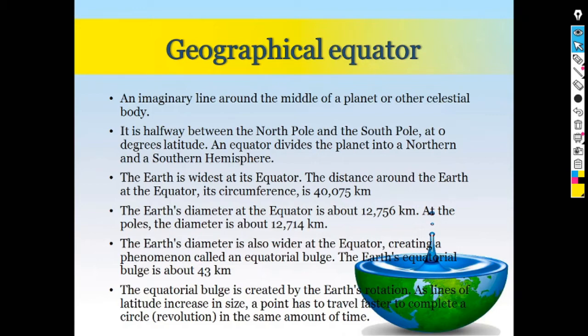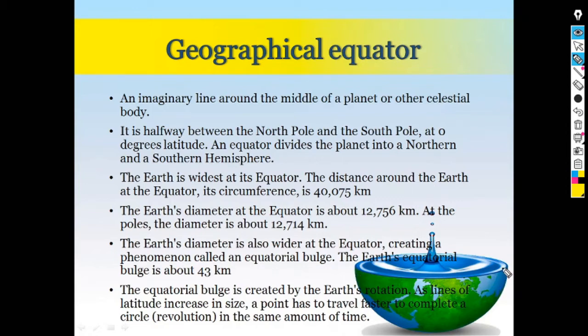At the poles, the diameter is about 12,714 kilometers. So you can see this very well, the difference in diameter at the equator and at the pole. Earth's diameter is wider at the equator, creating a phenomenon called the equatorial bulge.